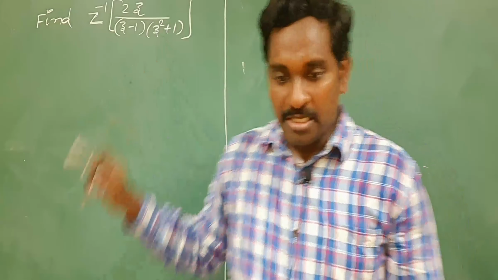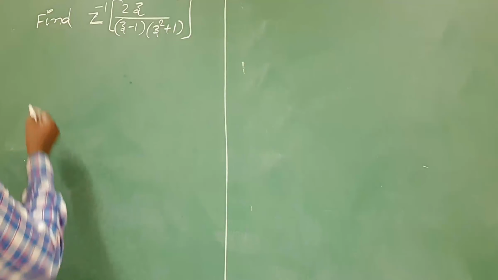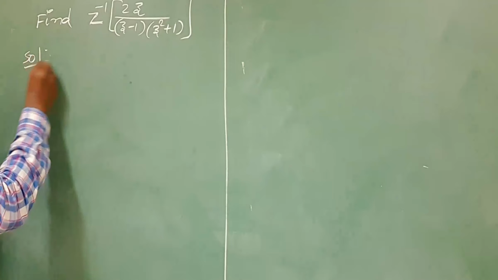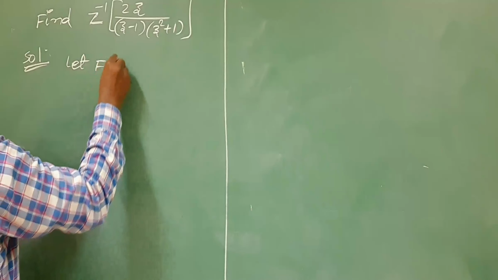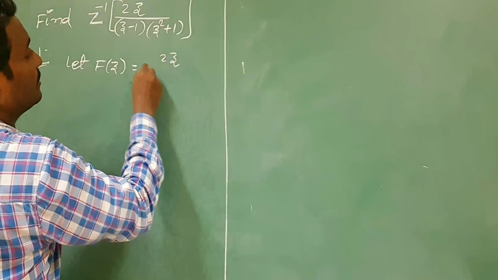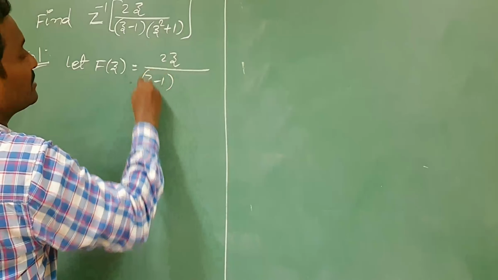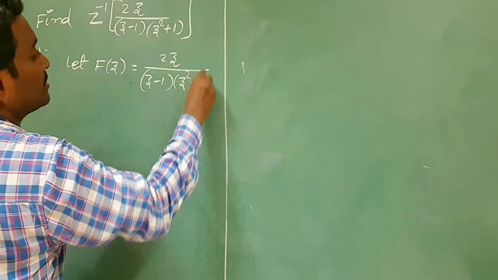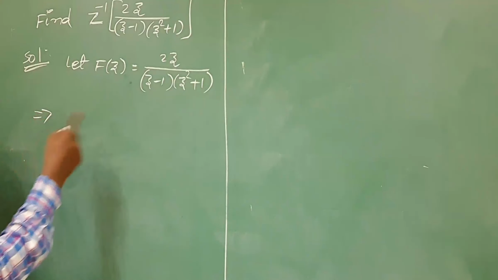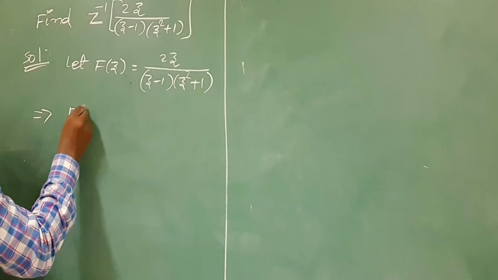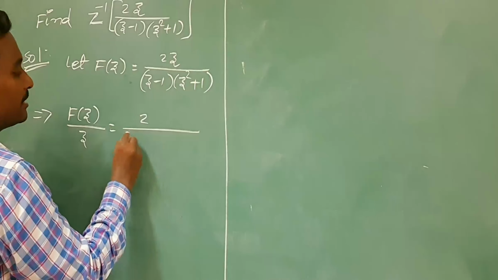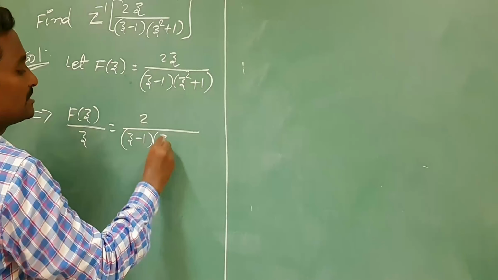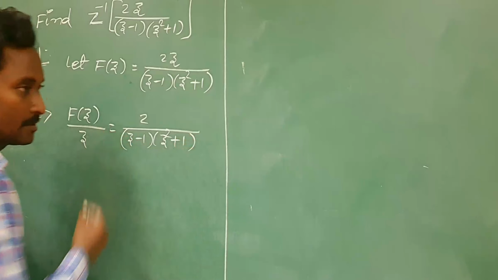As usual, we take the given function as f of z. Let f of z is equal to 2z by (z minus 1) into (z square plus 1). So divide by z on both sides. So you will get f of z by z is equal to 2 by (z minus 1) into (z square plus 1).